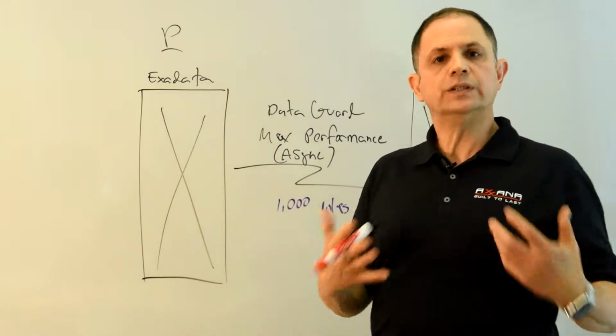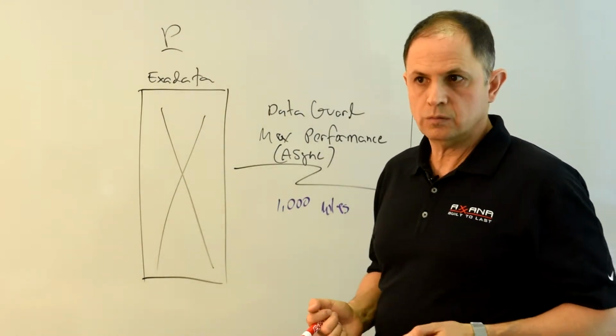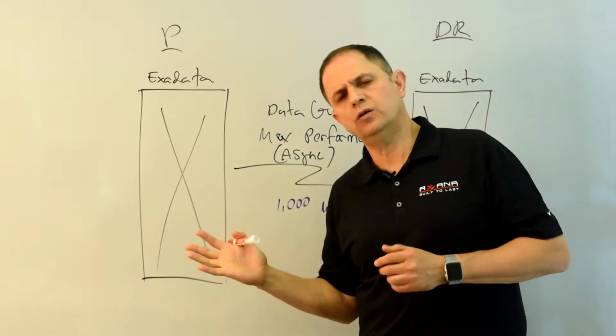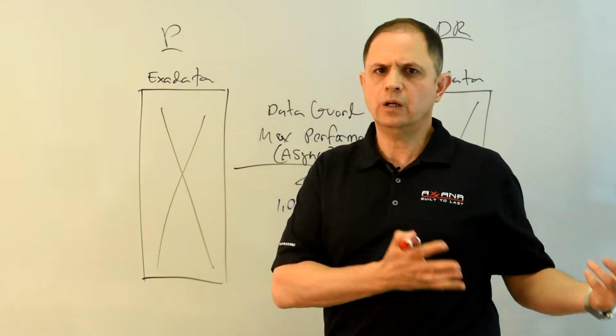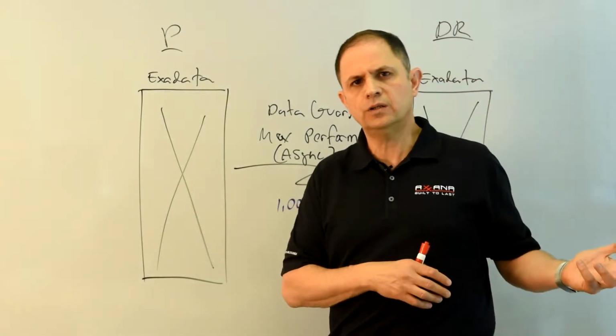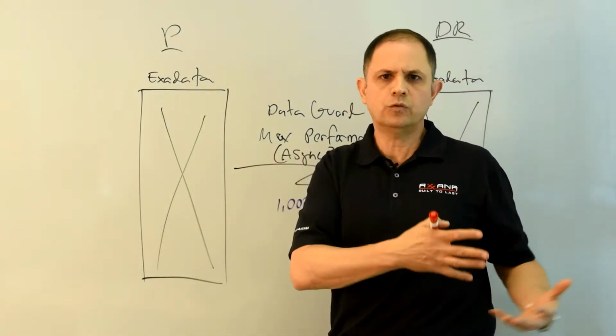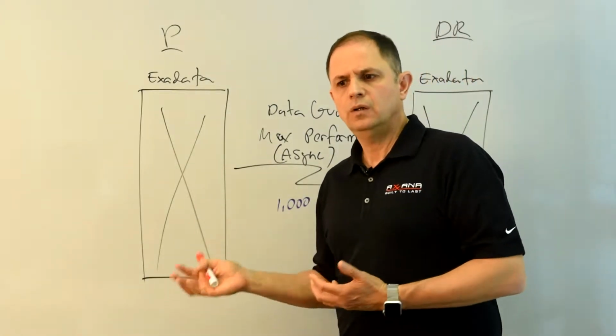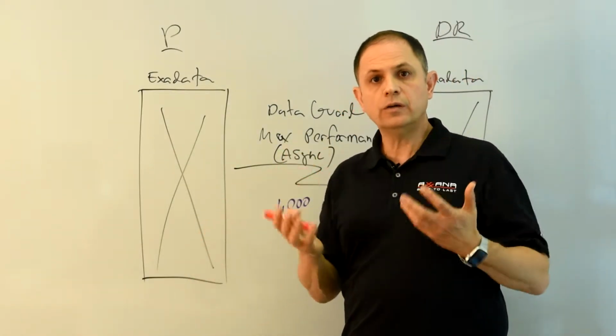Because if you don't have consistency between applications, let's assume you have a manufacturing application and an inventory application. Manufacturing needs to know what the inventory is in order to draw items from the inventory. Everything has to be concurrent.